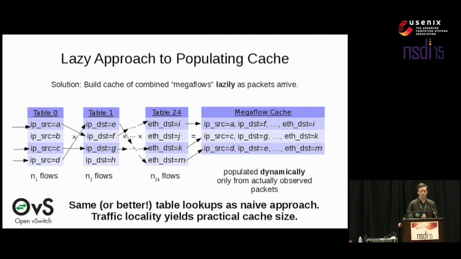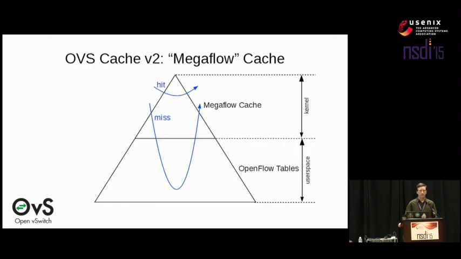But they needed a few refinements. First of all, with the approach that I've described so far, if any of your OpenFlow tables match on a particular field, then the resulting Megaflows will always match on that field also.